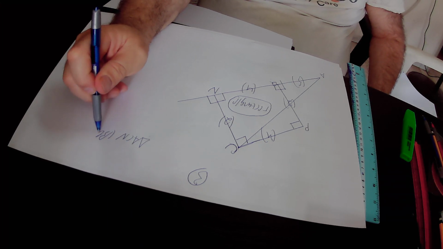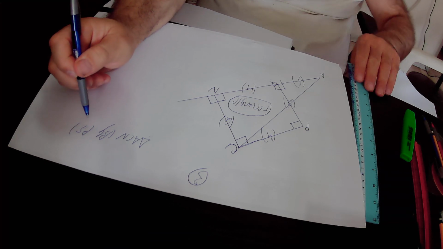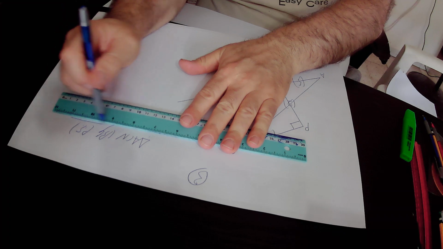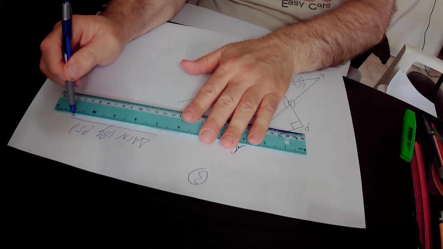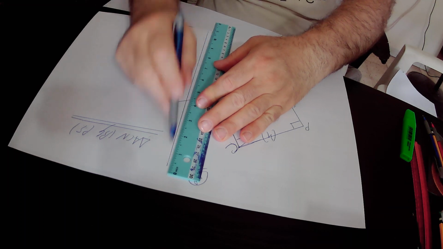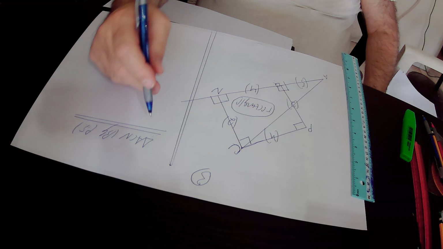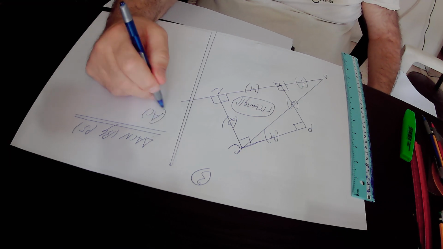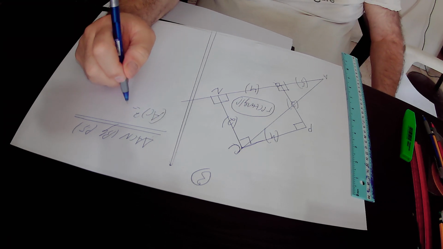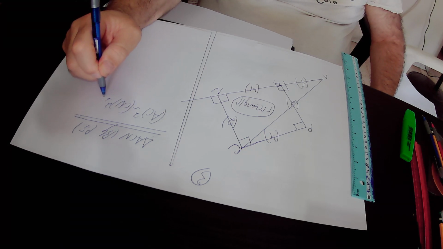According to the Pythagoras theorem, in this right triangle ACN, AC squared equals CN squared plus AN squared.